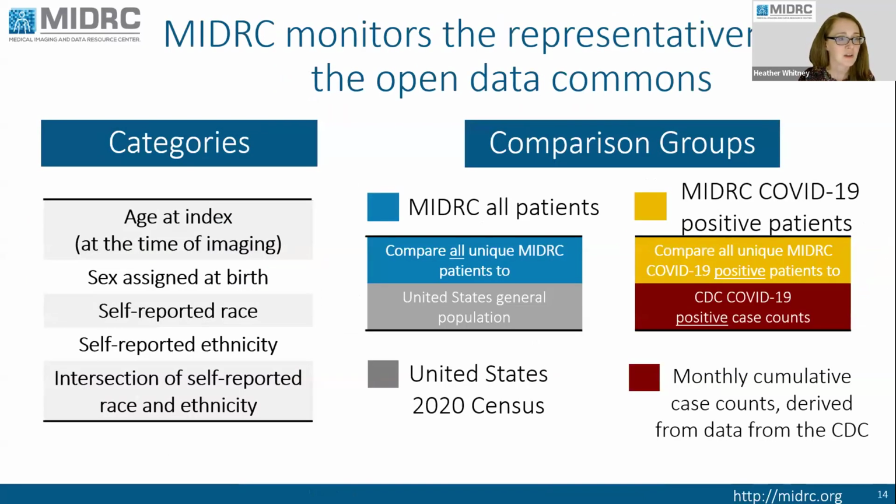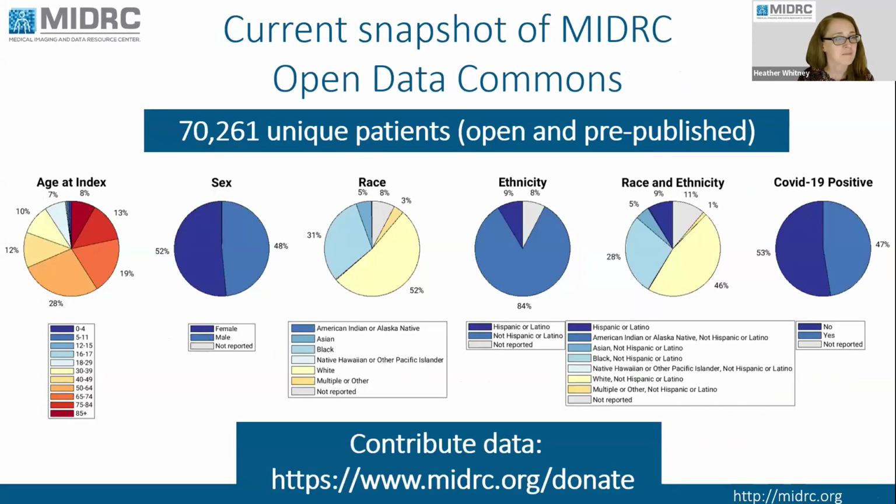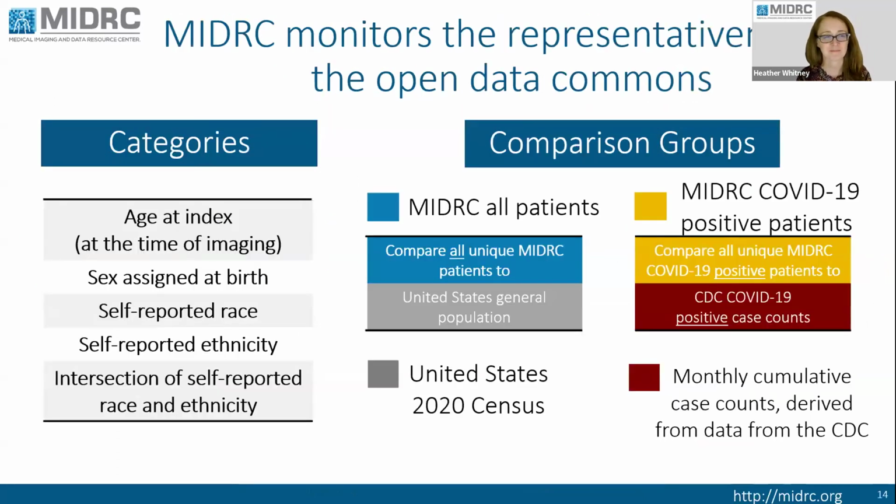As you can see, we have different breakdowns of different categories: age index, sex, race, ethnicity, race and ethnicity, and COVID-19 positive, yes or no. Our goal is to walk towards a more quantitative understanding of these groups of patients with respect to different populations. We can go to the next slide.